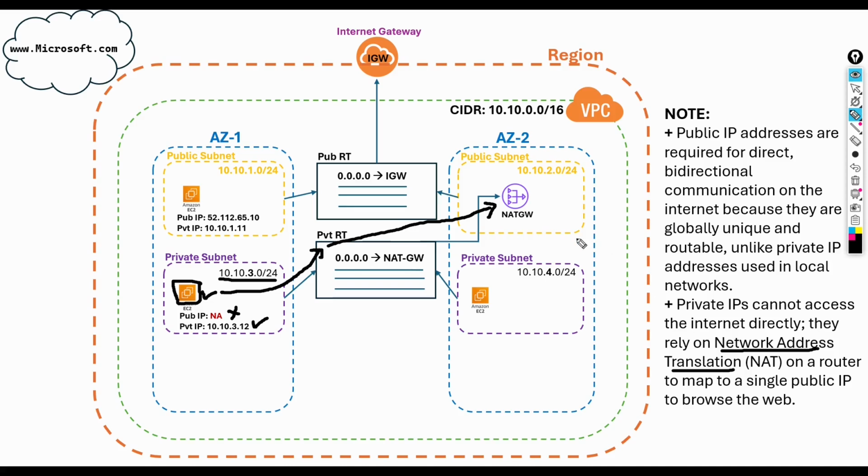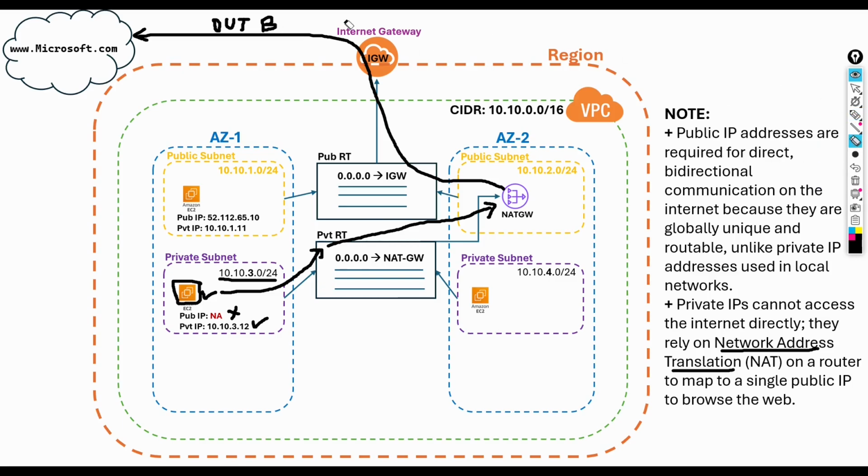Since this machine has a private IP, and with a private IP we cannot access the internet, the NAT gateway will change this IP to the public IP of the NAT gateway, and send this traffic towards the internet gateway to access Microsoft.com. So we call it the outbound direction. Any traffic going out from the machine, we call it the outbound direction.